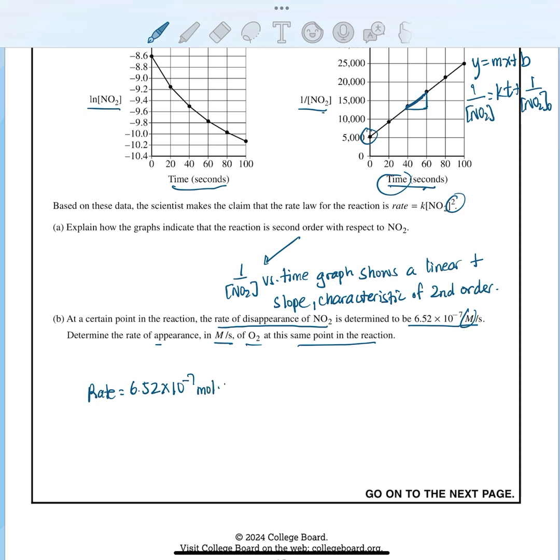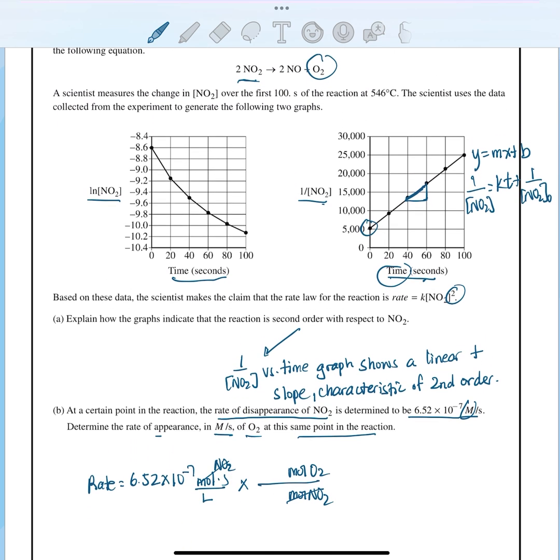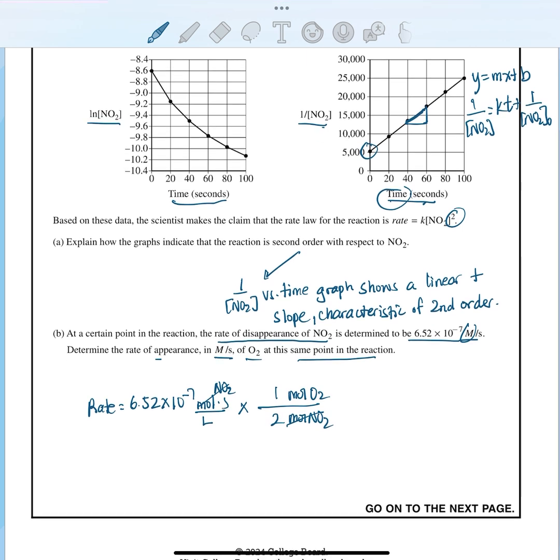So I believe this is right. It becomes moles per liter per second of NO2. When I do my mole ratio, remember, you want to put the units you don't want on the bottom, on the denominator. In this case, I don't want moles of NO2, I want this to cancel out. I do want moles of O2, so I'll put that on the numerator. Then if you go back up to the equation, use your mole ratio here. For every 1 mole of O2, 2 moles of NO2 were used.